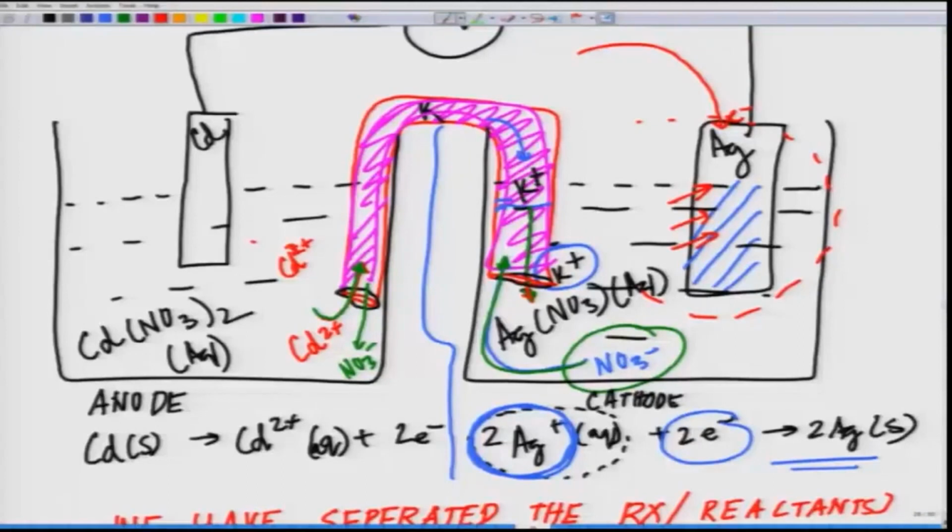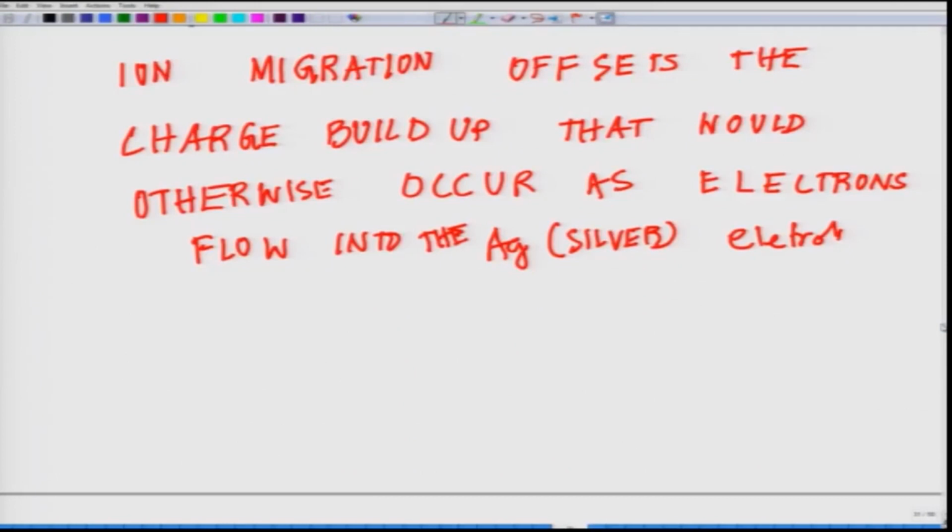And the next, what is happening out here, on the other hand, the migration of ions out of the bridge is greater. So, let us highlight this part.